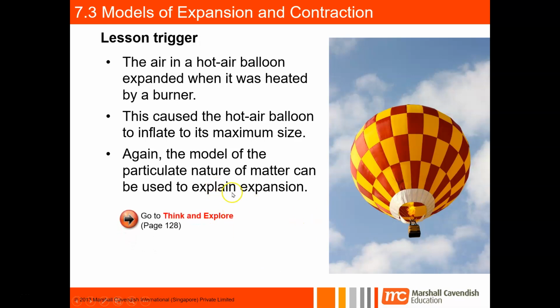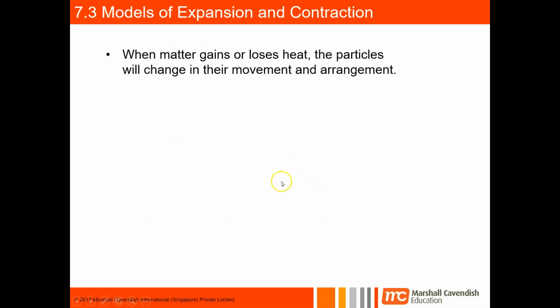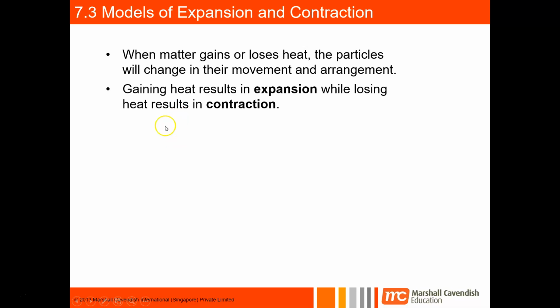So we just use the particulate nature of matter to explain how the expansion of air within a hot air balloon can help it to function. When matter gains or loses heat, the particles will change in their movement and arrangement. So when you gain heat, you will result in expansion, whilst losing heat will result in contraction.